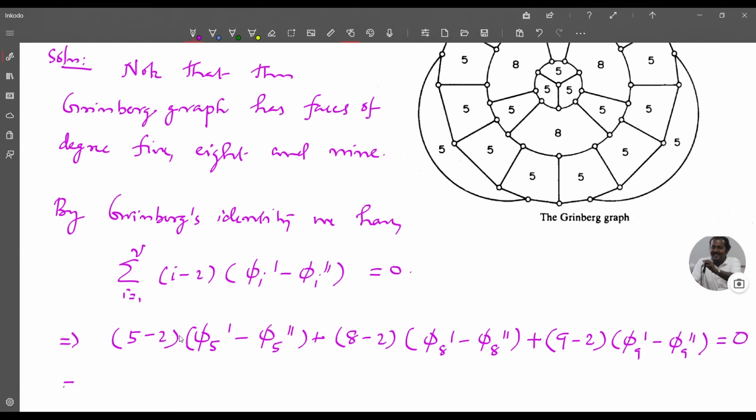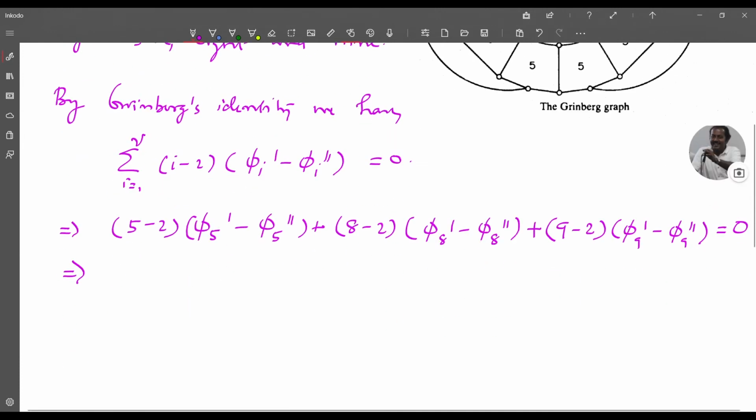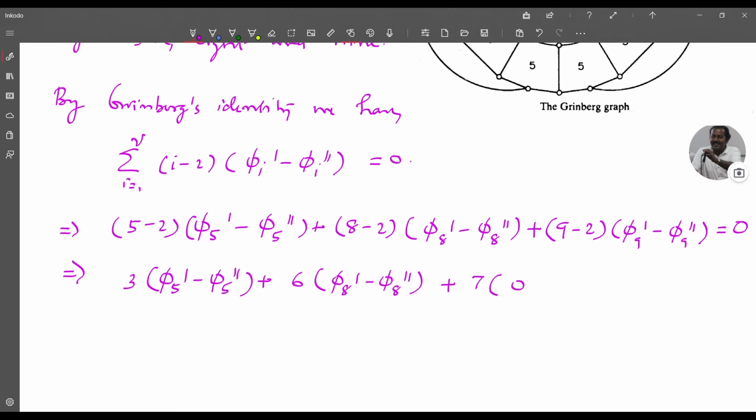So this implies 3(φ_5' minus φ_5'') plus 6(φ_8' minus φ_8'') plus 7(φ_9' minus φ_9'') is equal to 0.